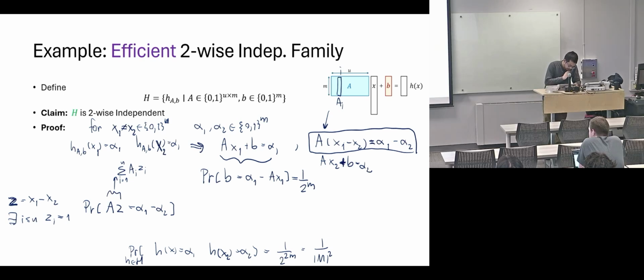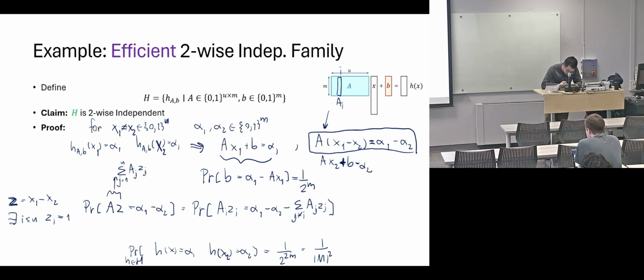What I'm going to do is write A_i c_i equals this minus the sum over all j that is not i of A_j c_j, and c_i is 1, so I can remove c_i.